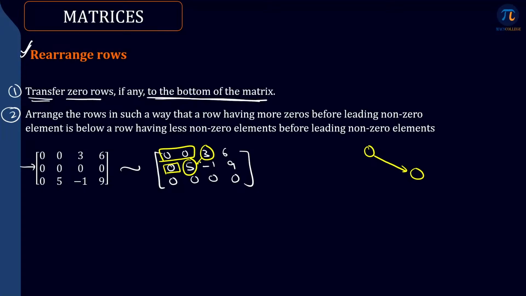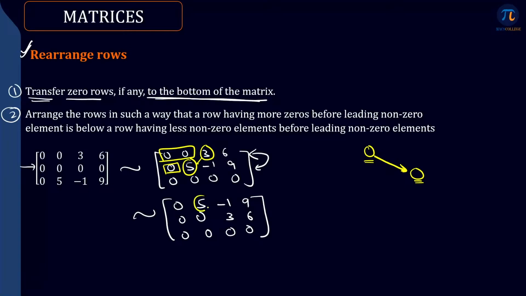So, you should rearrange the rows in such a way that the leading non-zero entry in any row is to the right of the leading non-zero entry in the previous row. Whenever you find a bad arrangement of the rows, immediately rearrange them properly. Like this, the last row we are not changing, but this row goes to the top and this row goes to the bottom.